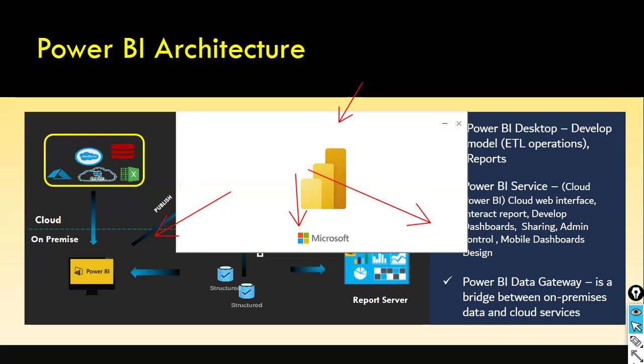When it comes to Power BI Desktop itself, three components are there. One is Power View. As the name suggests, in the view you create the reports. Power Query Editor is meant for data pre-processing, cleaning the data, or reshaping the data, and merging your data from multiple sources, multiple queries. Everything is possible in Power Query Editor.